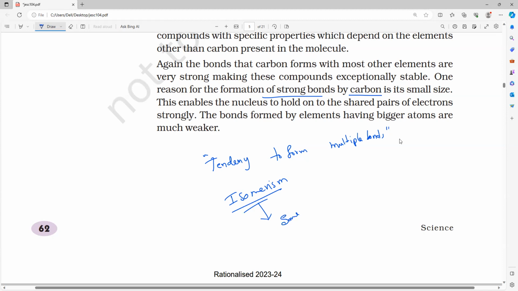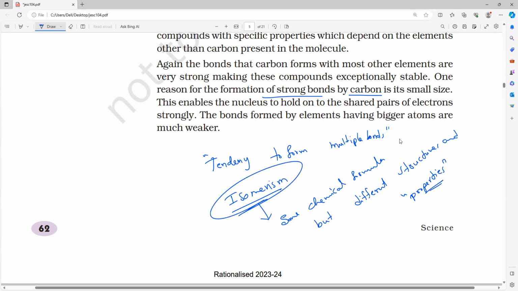We'll get many things later. Same chemical formula, note it, everybody, but different structures and different properties. Do you understand what I'm saying? This phenomenon is called isomerism, and the compounds are called isomers.